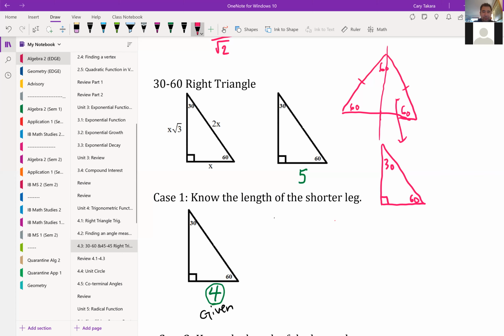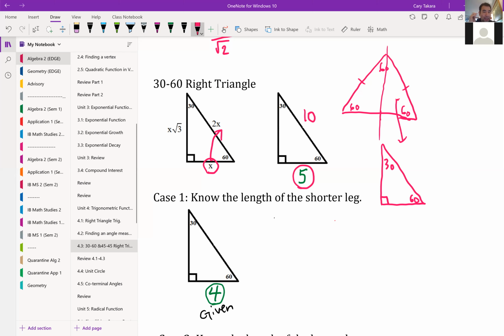And the relationship is that this bottom, this shorter leg, is always half of the hypotenuse. So if the short leg is 5, the hypotenuse is going to be double that, which will be 10. So that's why I said if the short leg is x, then the hypotenuse is 2x, or double. If it's 5, it's 10. If it's 4, it's 8.